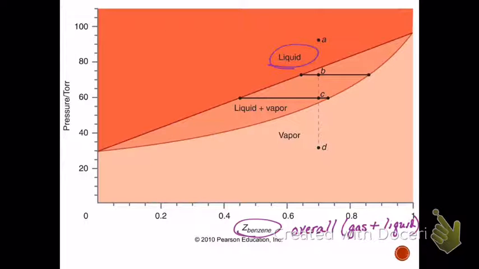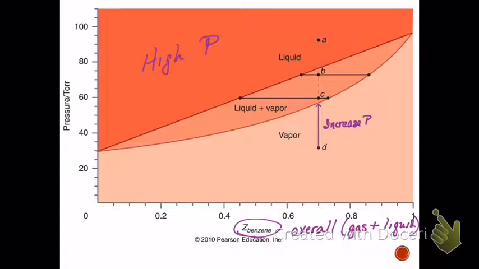In this diagram at high pressures, we'll notice that we have liquids, so any composition and pressure falling in this orange region here, if we have something in that region, that means we have entirely liquid. In the lower region, we'll have entirely vapor, and in the region between these two, we have a liquid-vapor equilibrium going on.